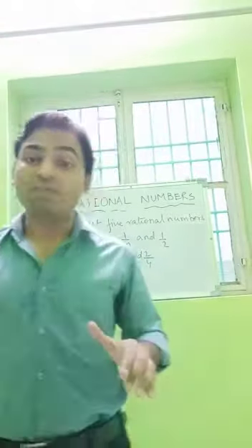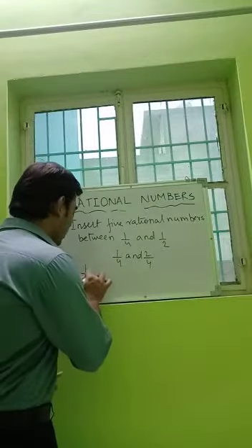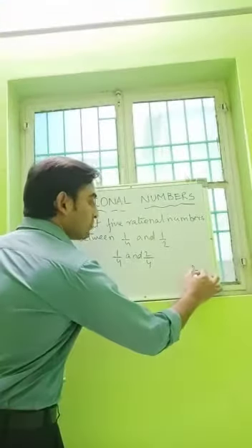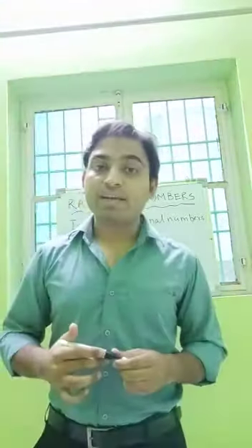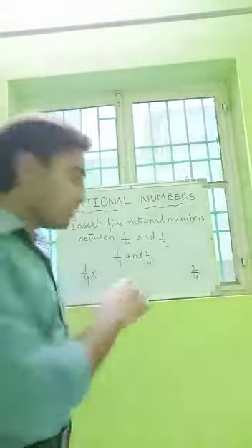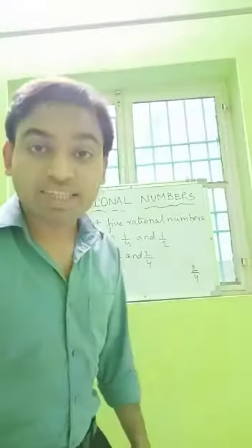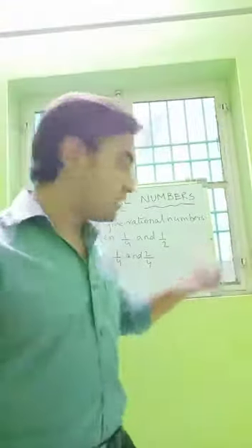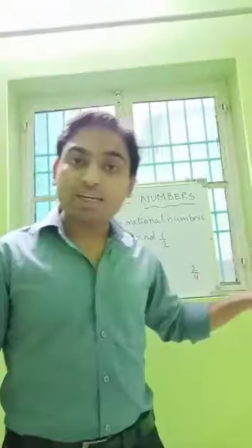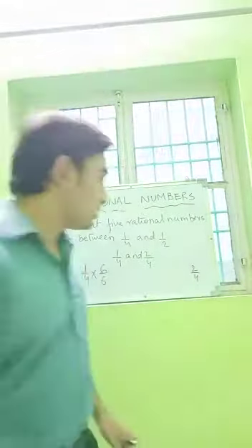Okay, now see, here I am multiplying 1 upon 4 by 6 upon 6. Same here. Again I am multiplying 2 upon 4 by 6 upon 6.